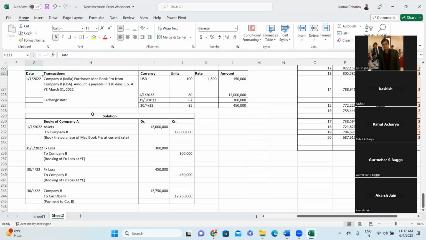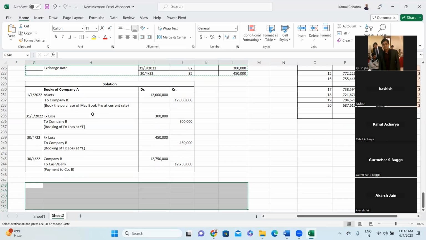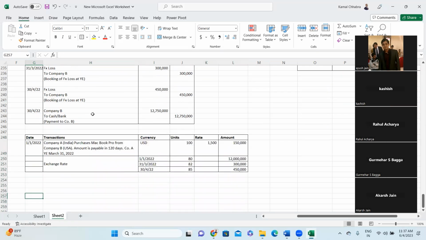So let's take this example here, and here you have done the hedge payment on this date at ED3.